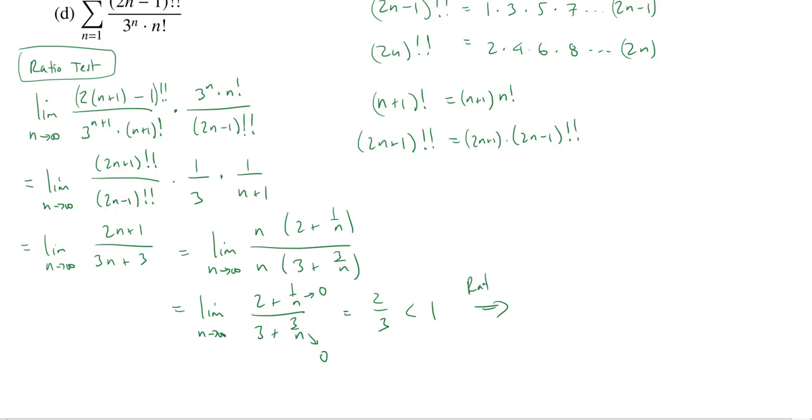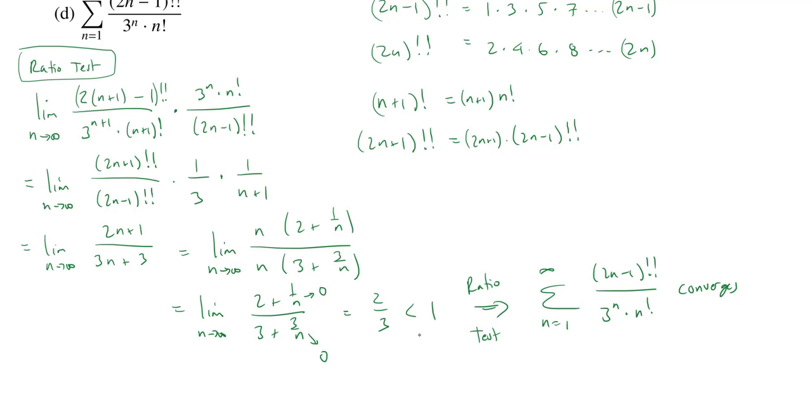Okay, so by the ratio test, the original series, where we have 2n minus 1 double factorial over 3 to the n times n factorial, converges. Okay, if this had been greater than 1, we would have known that the series diverges. And if it was equal to 1, we would have cried a little because the test would have just failed.